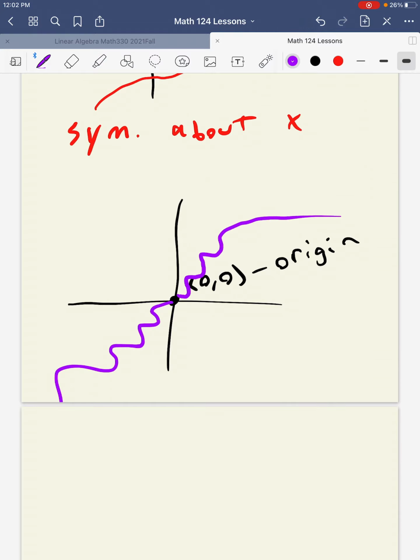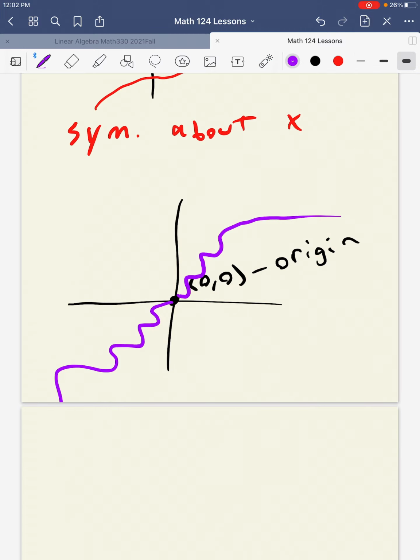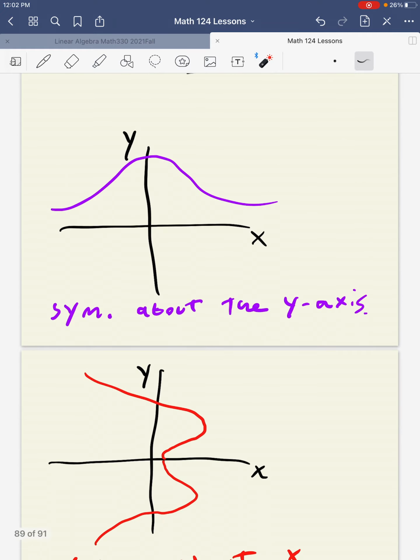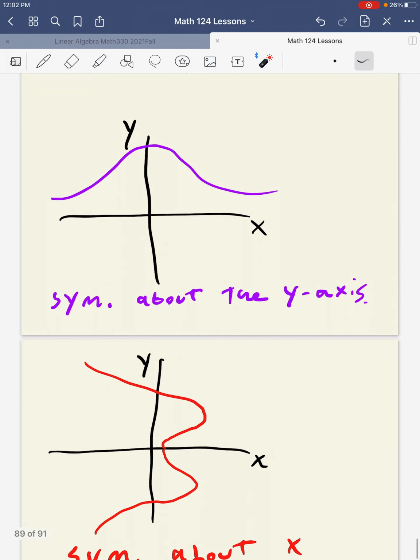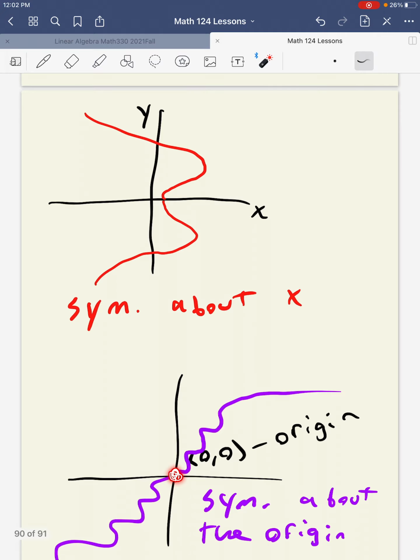I know my pictures aren't perfect, but let's pretend this was the mirror image of that. We call this symmetric about the origin. So these are the three types of symmetry we will be dealing with in this section. Either the y-axis is a mirror, the x-axis is a mirror, or this one point, the origin, is the mirror.